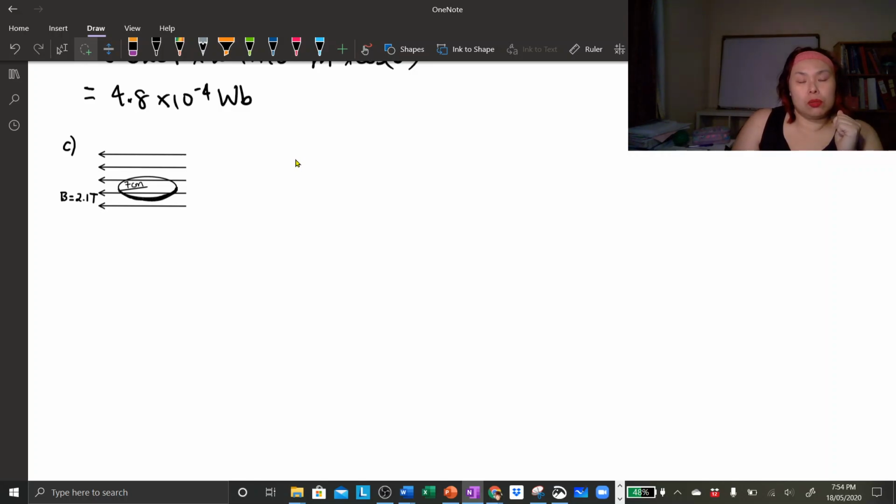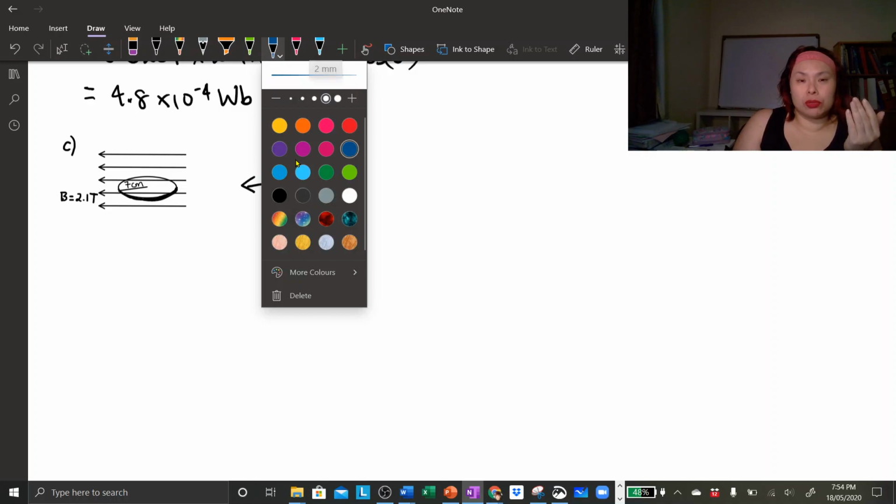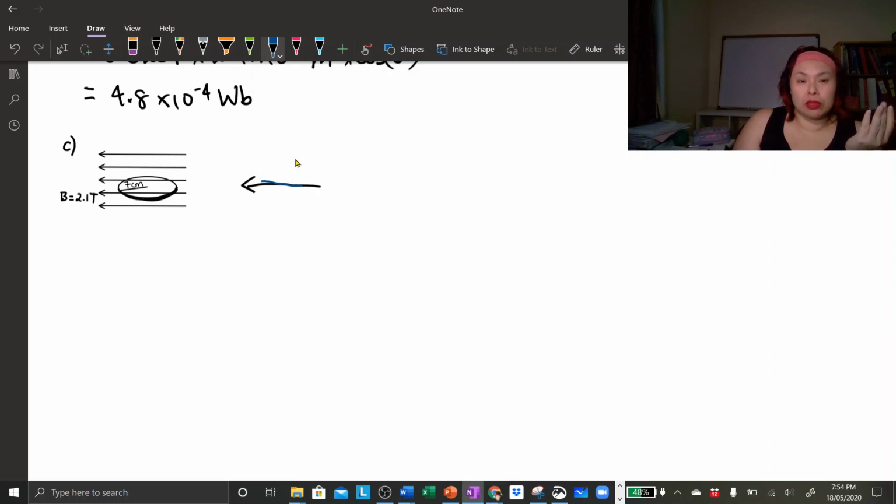Now, what's happening here, or the way that it's drawn, is your magnetic field is going to the left, and the area is actually also going horizontally to that as well, so parallel to it like this. Okay, now let's draw the normal to the area, which will look like this, and that's at 90 degrees to the area.